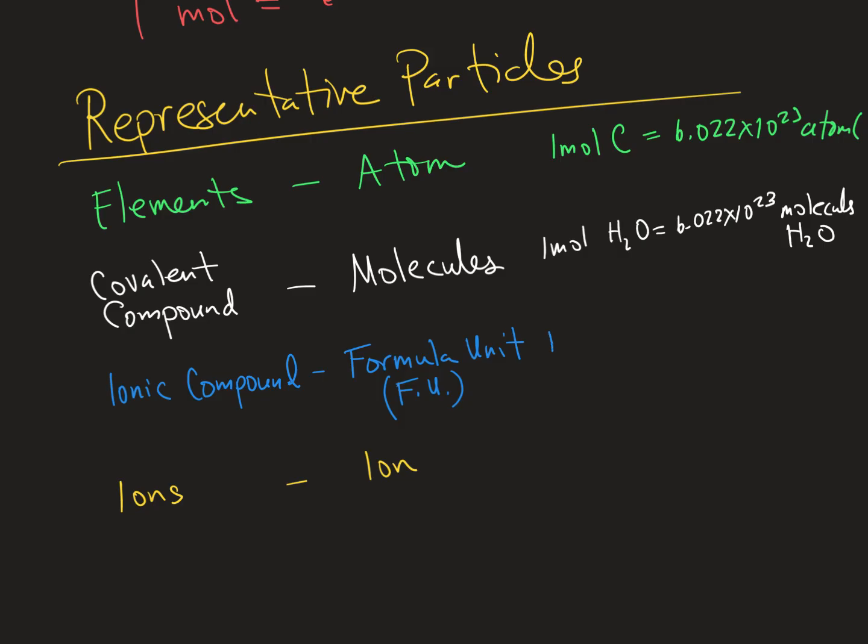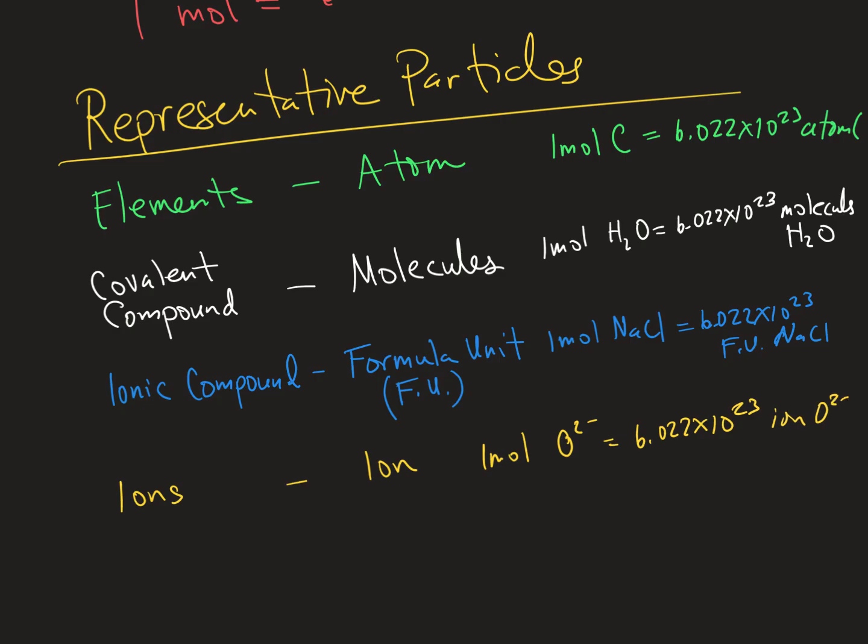And if we have 1 mole of sodium chloride, we have 6.022 times 10 to the 23 formula units of sodium chloride. And if we have 1 mole of O2 minus ion, we have 6.022 times 10 to the 23 ions of O2 minus. We good?